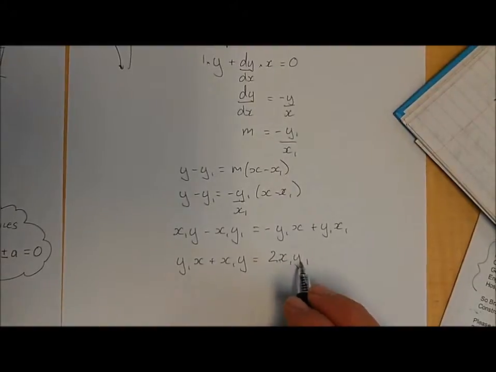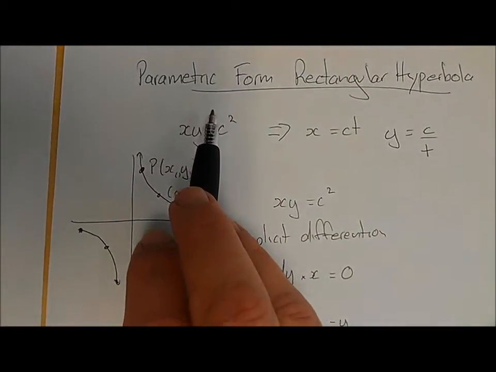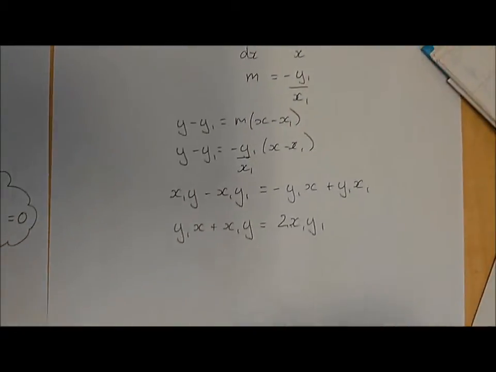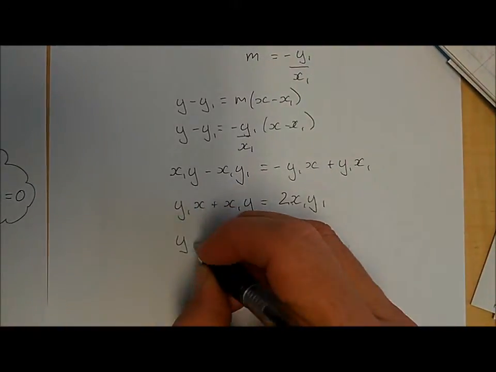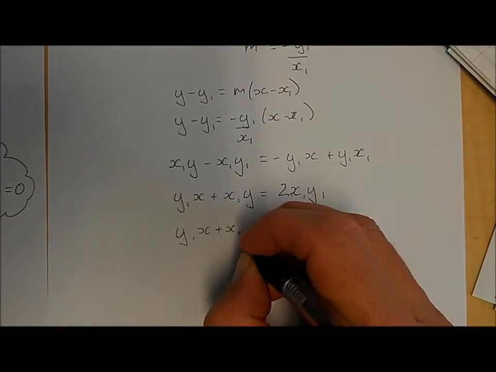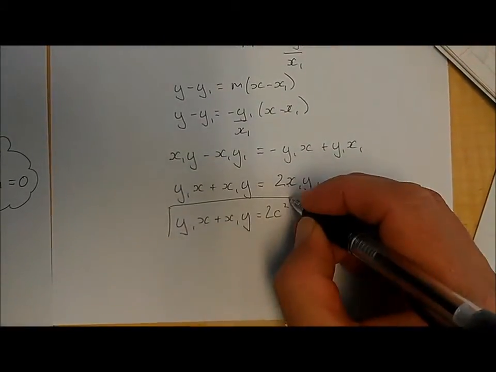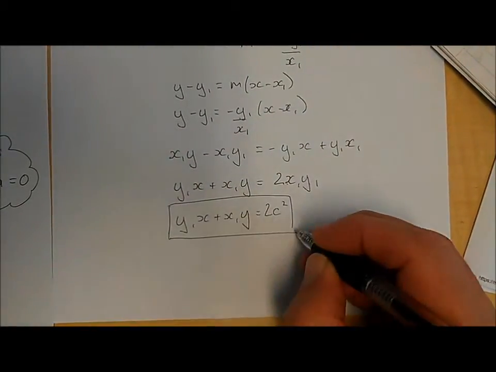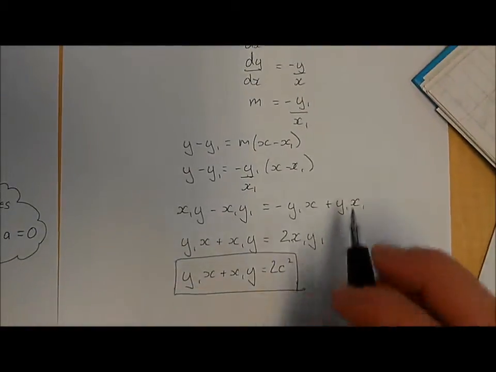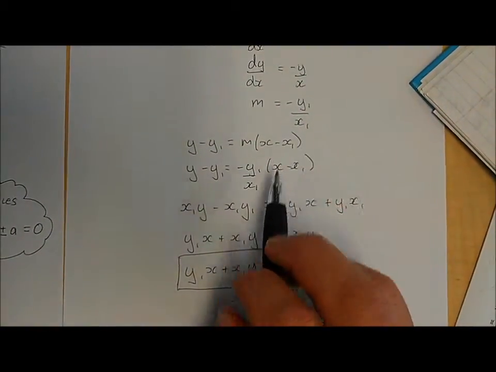Remembering x1 and y1 lie on the line xy equals c squared, x1y1 is in fact c squared, so I get 2c squared. That's the equation of the tangent at the point (x1, y1).